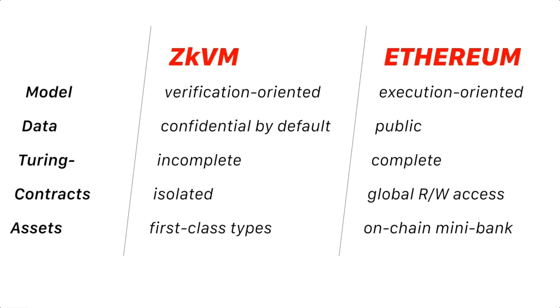Transactions do not use global state. Finally, issued assets in zkVM are first-class types that can be manipulated directly and sent from one contract into another. In Ethereum, assets are modeled as entries in a miniature ledger stored inside the blockchain state. This means that your smart contract has to reinvent the ledger rules against double spending, while zkVM enforces them automatically.